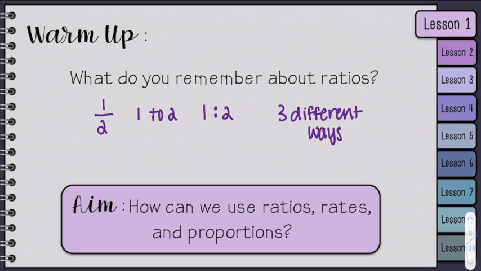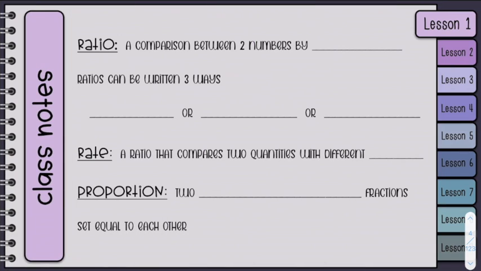Okay, so let's get into our notes for today. A ratio is going to be a comparison between 2 numbers by division. As we talked about it, ratios can be written 3 different ways. Now, a rate is a ratio that compares 2 quantities with different units.